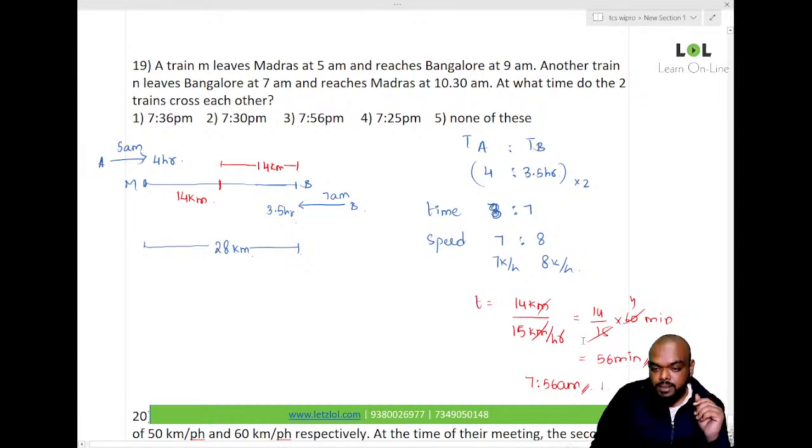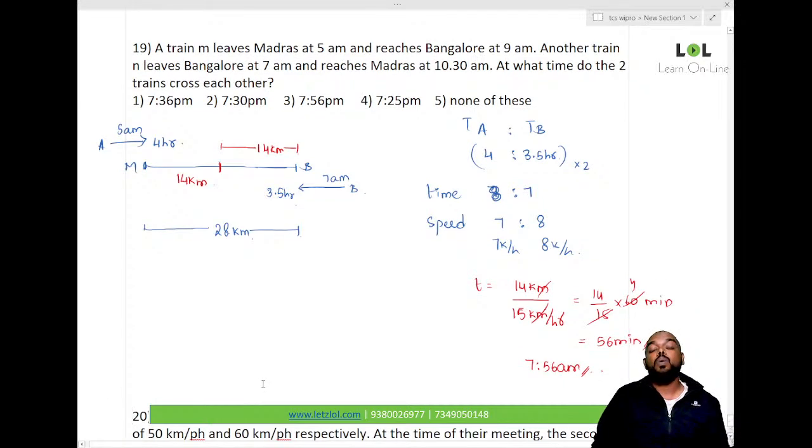Okay. So in this question, the time asked is to cross the train, not to meet each other. Yes, very good question. But whenever he doesn't mention the lengths of the trains, consider them as 0. If he mentions, we have to consider them.